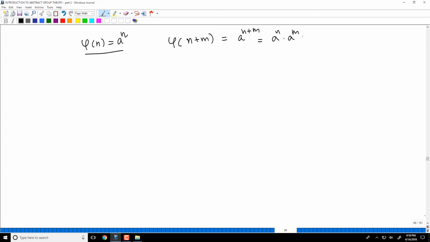That is, if you write the product of a with itself n times and m times, you pool them, you get n plus m times, and that is the same as phi of n times phi of m. So this is not difficult at all, right? So phi from Z to G is a group homomorphism.